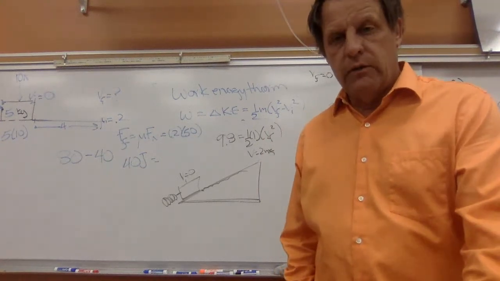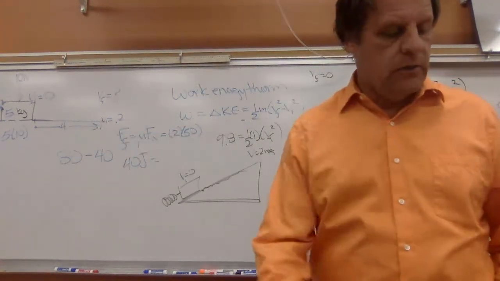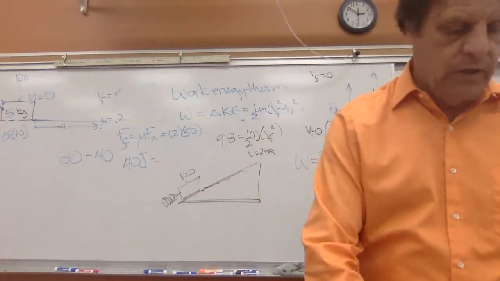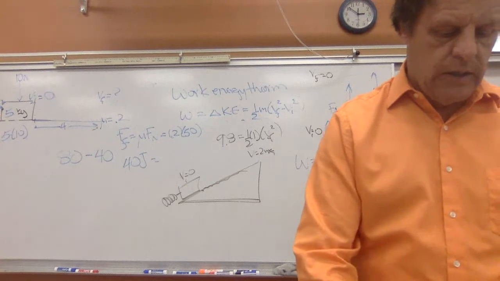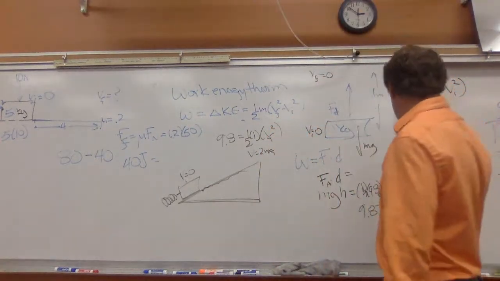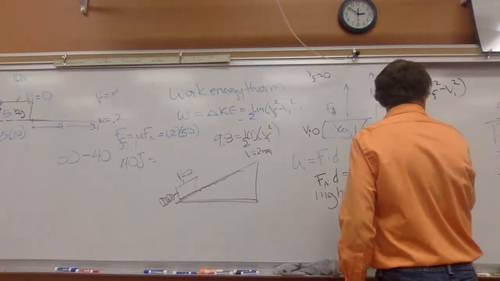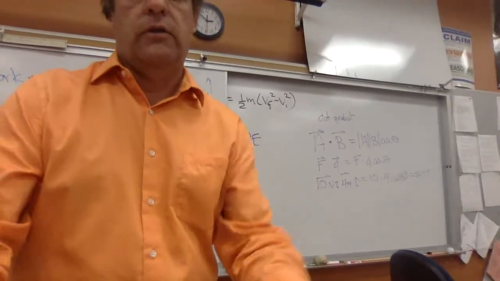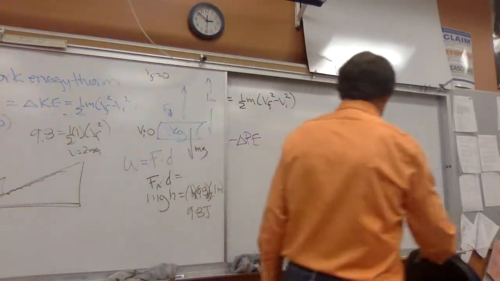There is going to be one section in the book, and I think it is the second section in chapter 7, which is the scalar product. I'm going to transfer us over here.